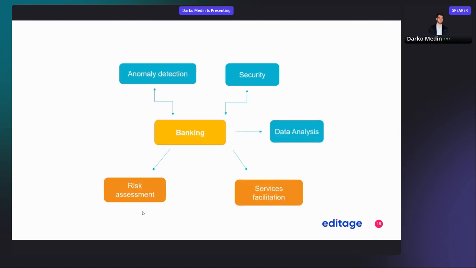One of the very important segments where data science is also used is banking, anomaly detection, finding flaws, or finding problems, let's say, of security nature, also for data analysis, when providing credits to clients to assess the risk for that credit.